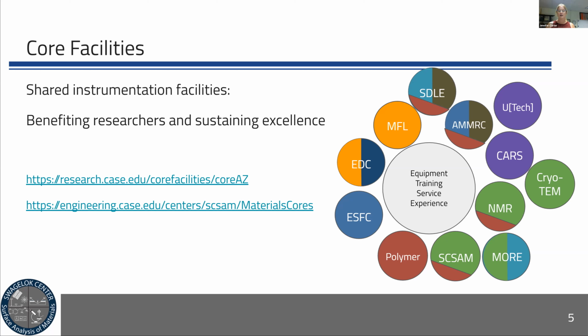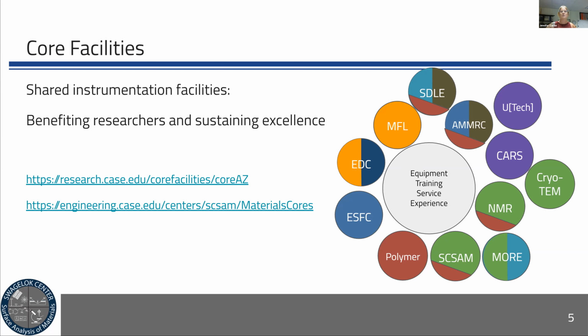Most of them are in the College of Engineering. But the Moore Center, which many of the physicists know and love, as they should, is housed in the College of Arts and Sciences in the physics department. And then the NMR facility, for example, is co-owned and run by the College of Arts and Sciences, the School of Medicine, and the College of Engineering as well.